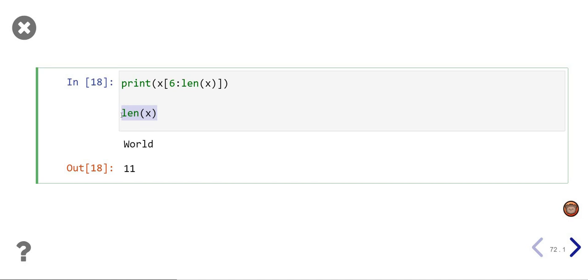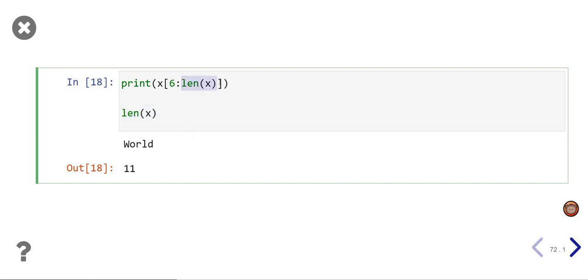The length. What is the length? It's not giving you the index position. So what is the length of this string? This is 11 characters, right? 11, inclusive of the space. Are you able to follow?